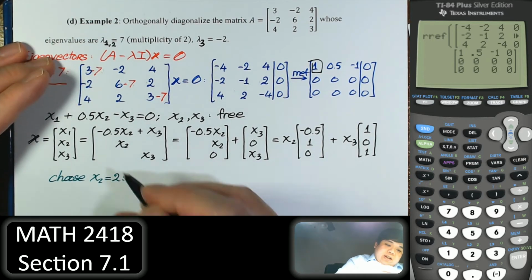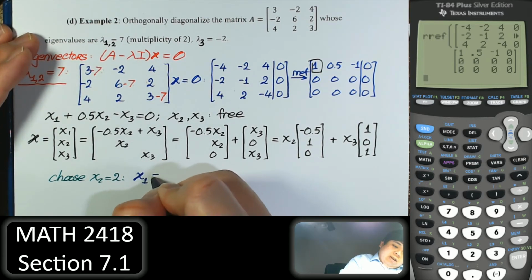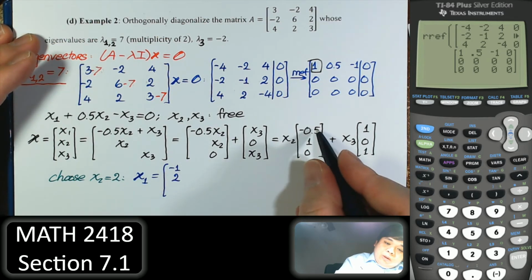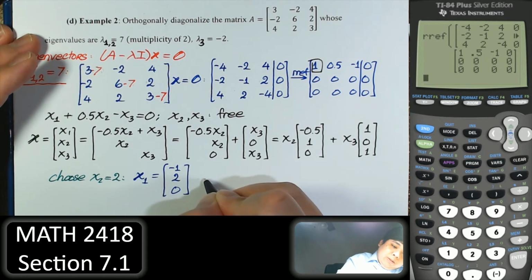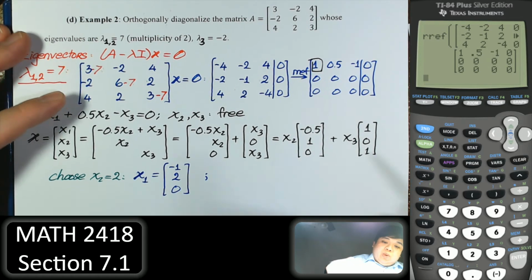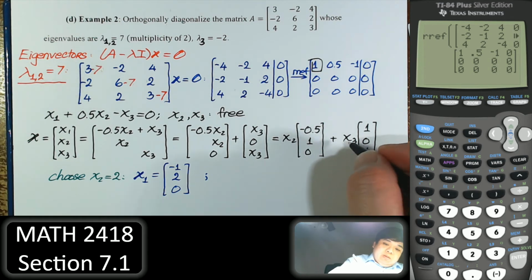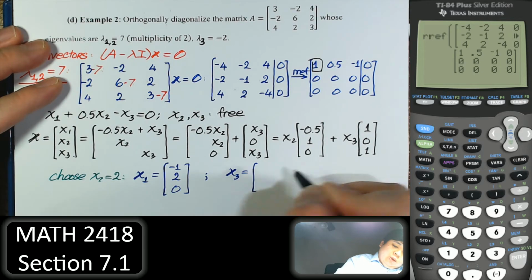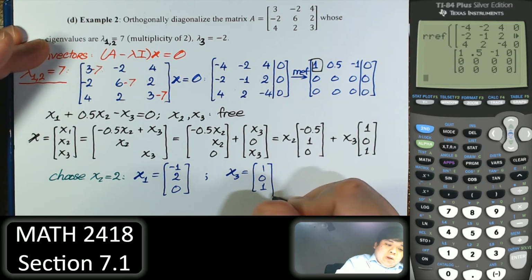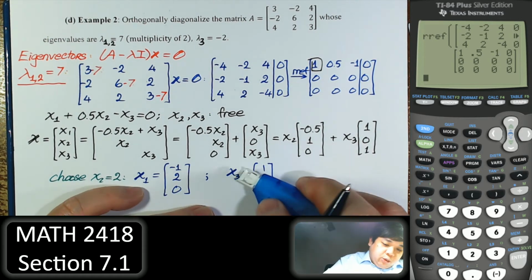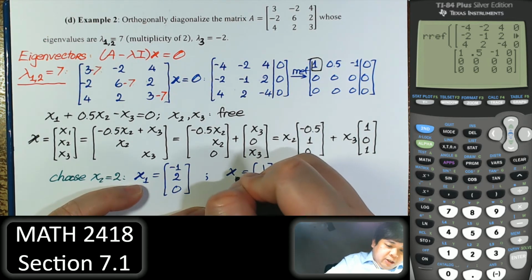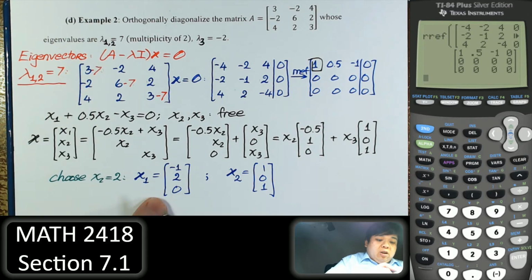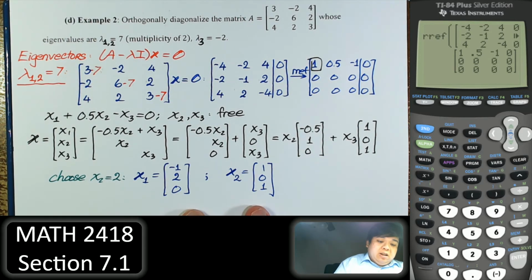We have the first eigenvector of (-1, 2, 0). And then x3, we just choose x3 to be 1, so we have (1, 0, 1). Sorry, x2. So for the eigenvalue of 7, multiplicity of 2, there are two corresponding eigenvectors, that and that.